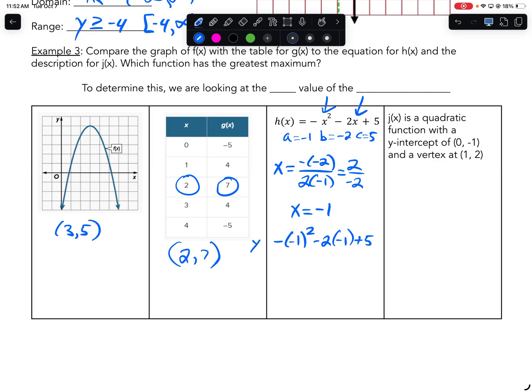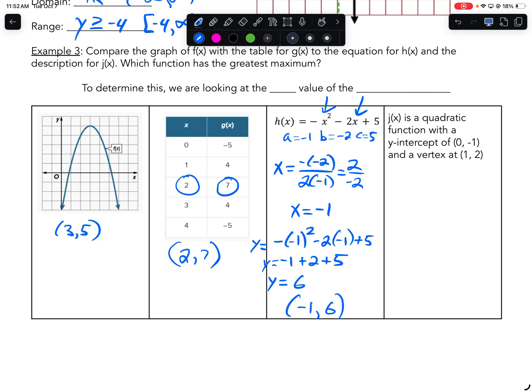And that's what y equals. So we get -1 plus 2 plus 5. So 5 minus 1 is 6. So the vertex of that one is -1, 6.